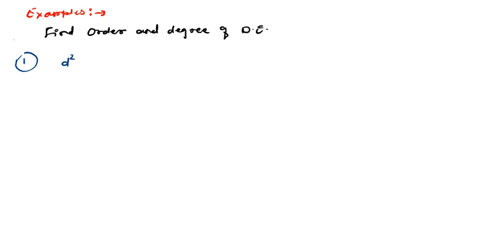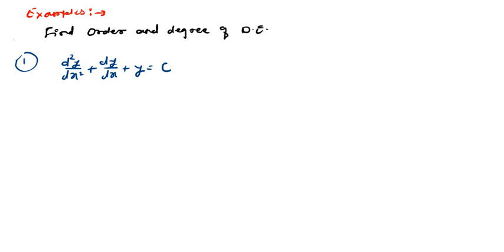So, example number 1. Firstly I will write the question: find order and degree of the differential equation. What is the order and degree of this differential equation: d2y by dx square plus dy by dx plus y is equal to some constant c.